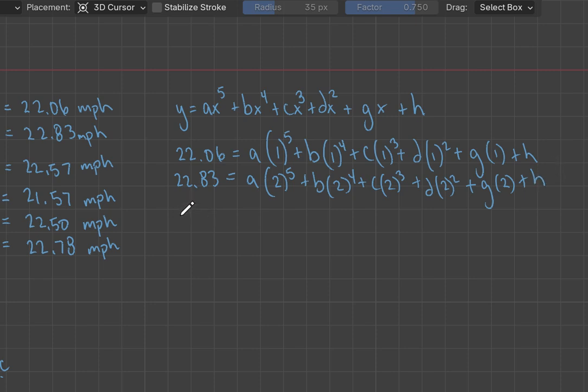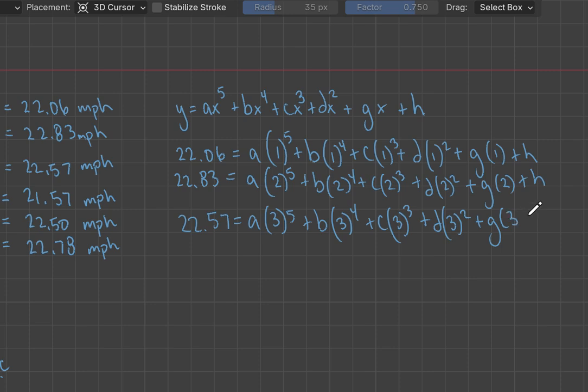The third day, we have 22.57, and it's the third day, so x equals 3. And we have 3 to the fourth. Then we have 3 cubed. Then we have 3 squared. And 3 plus h.